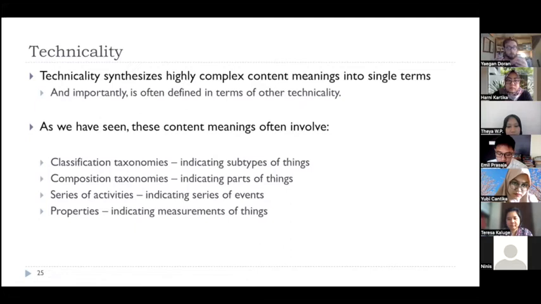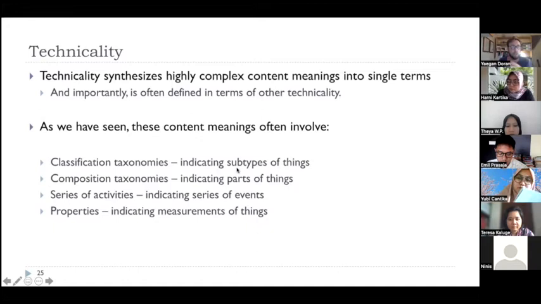So when we're working with students and trying to teach them the language of a subject area, or give them resources so that they can themselves learn technical terminology, we can look at it in terms of these four different types of meaning, four different ways of meaning.